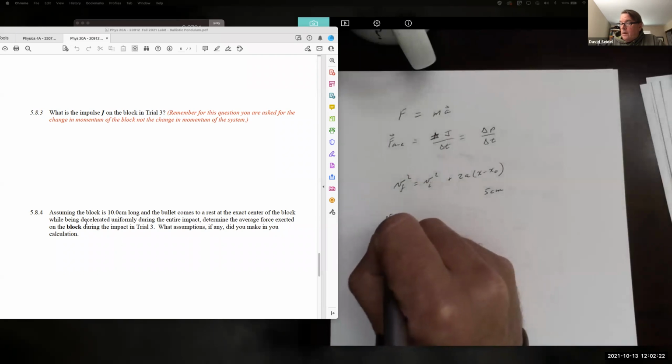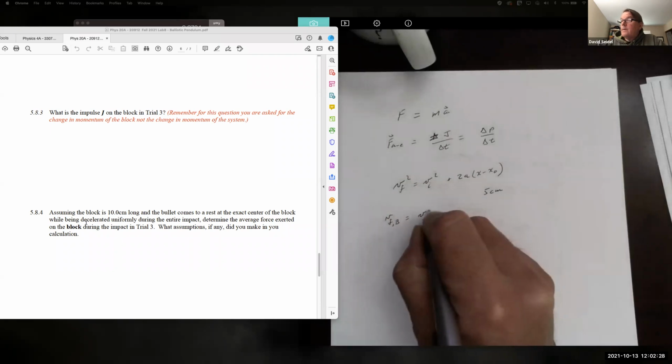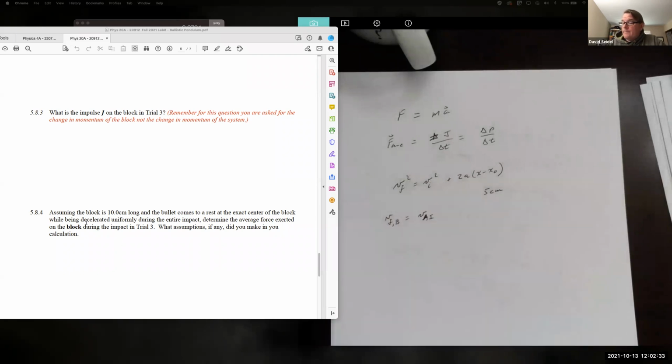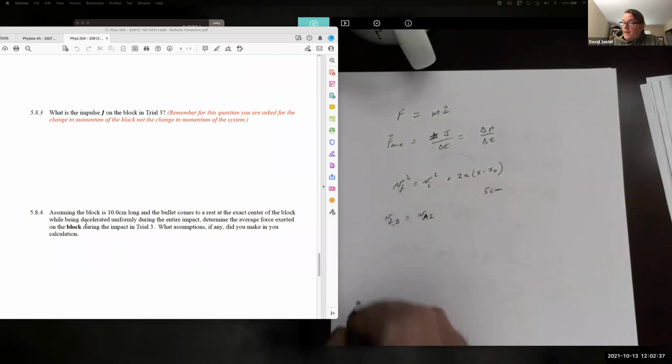V final of the bullet is equal to V after impact. So V final here is just V after impact.